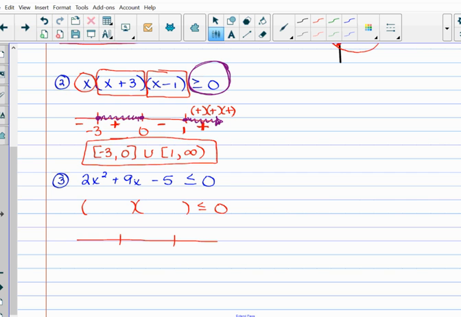It tells you you're multiplying a negative and positive, which is negative. That middle section is negative, yes, because there aren't any. You're not squaring it in the factor.